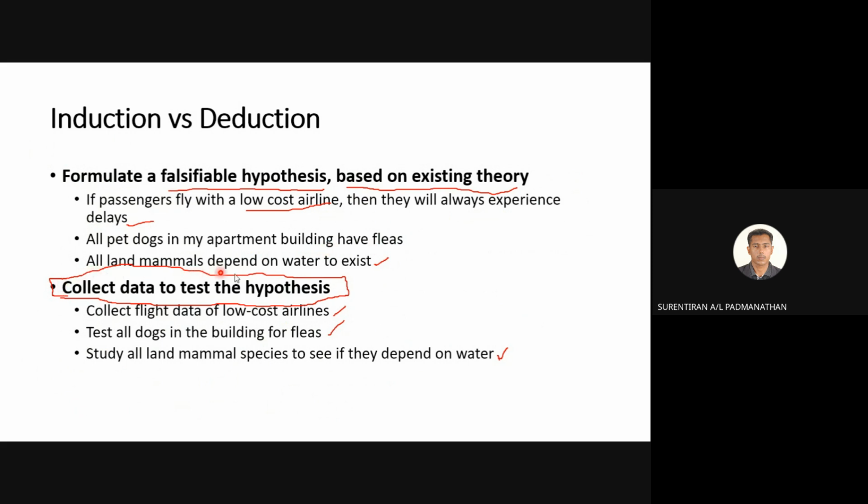All land mammals depend on water to exist. Then we collect data to test the hypothesis: collect flight data of low-cost airlines, test all dogs in the building for fleas, study all land mammal species to see if they depend on water.